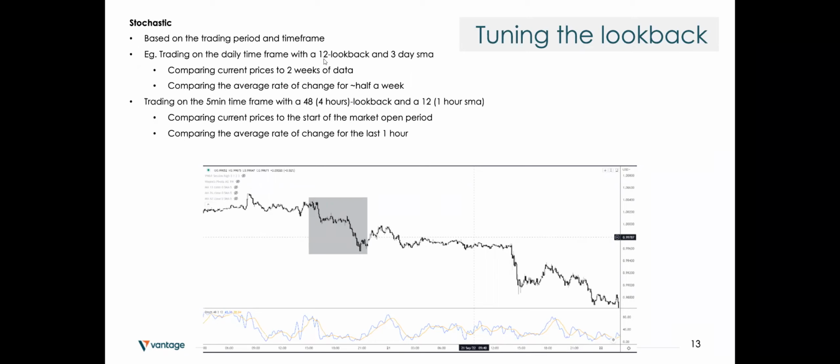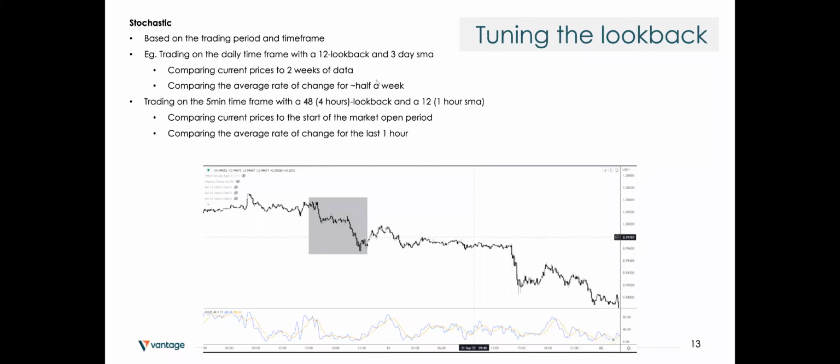It's because, especially for FX, you might use it for equities, might use it for other instruments as well, but for FX, events actually announce every other week. So when you look at a 12-day look back and a 3-day SMA, what you're actually comparing is the current price against 2 weeks worth of data, as well as the changes that you're seeing, the average rate of change for every half a week.